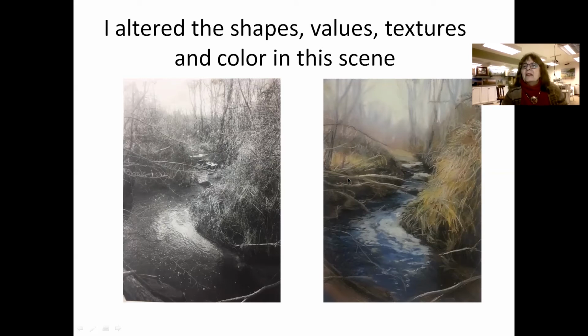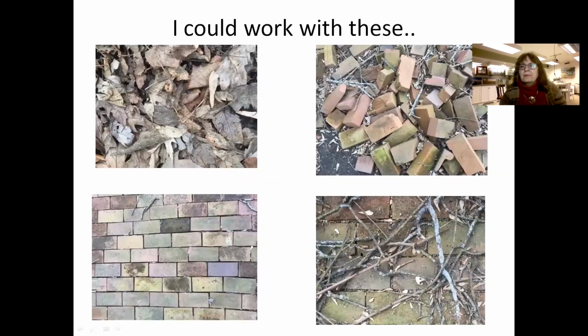So I made a lot of adjustments. I increased the value here and here, and I created a little larger area back here. So I made a lot of changes in the values, the shapes, and the textures in the scene. And it was a bit of a project.